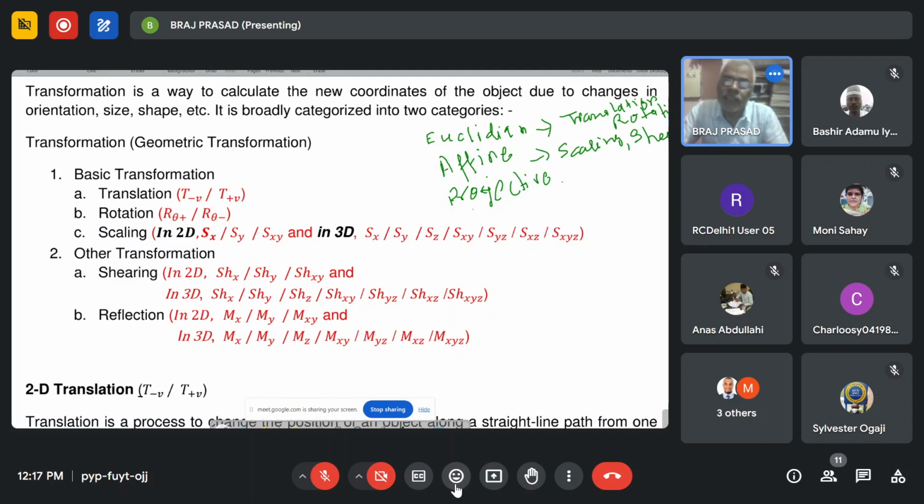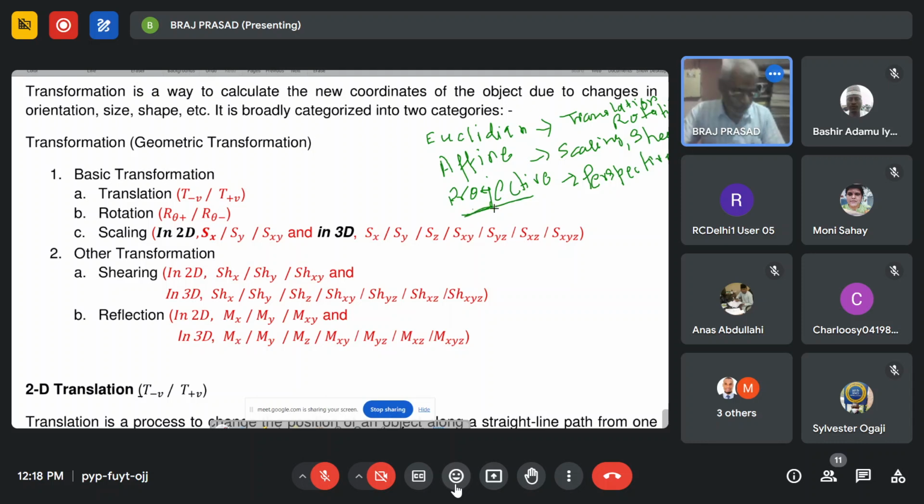In projection, there are different types of methods, called perspective projection, orthogonal projections, etc. So to know the perspective and orthogonal methods, we will learn about the projection.